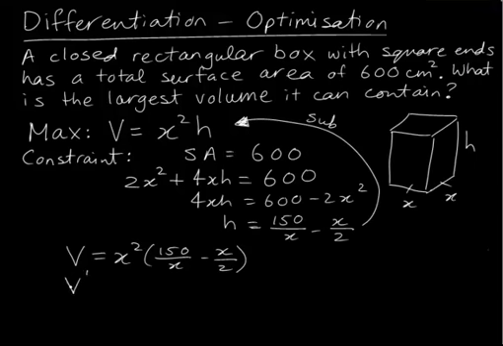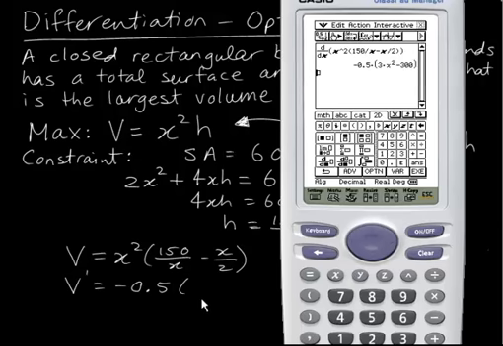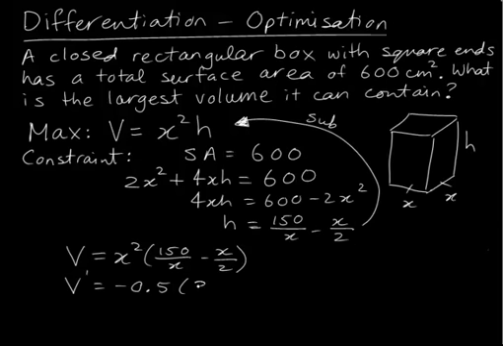Okay, so V dash is negative 0.5 outside of 3x squared minus 300. And just to confirm that I've used my calculator here, my ClassPad, to find that, I can put g/c there just to show you that that's how I've obtained my answer.